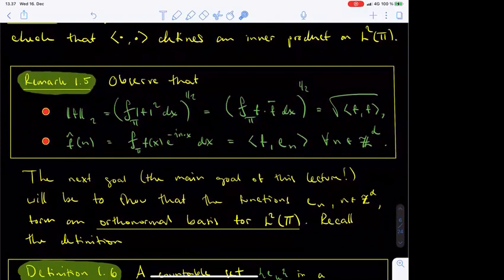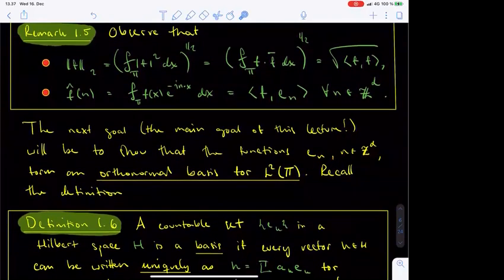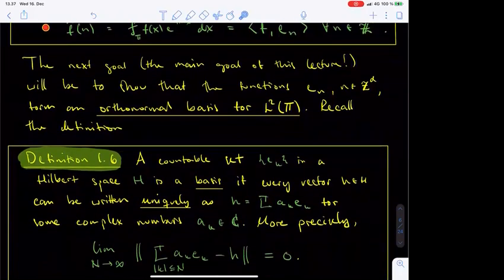The next goal of the lecture, and in fact the main goal of the whole lecture, is to show that the complex exponential functions e_n form an orthonormal basis for L2 relative to the bracket inner product. But before proceeding with that, let's start by recalling what a basis means.